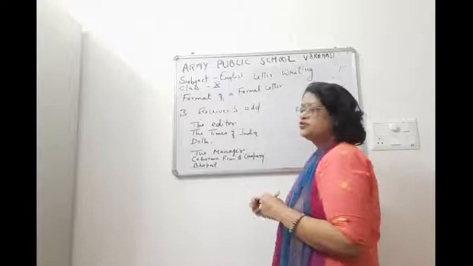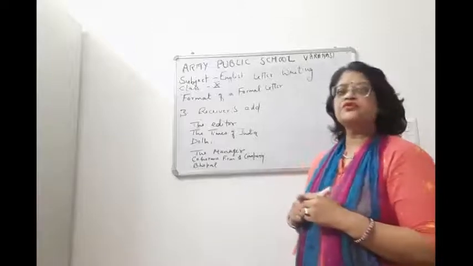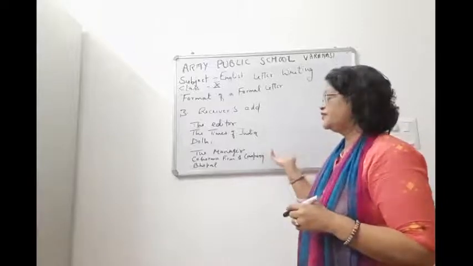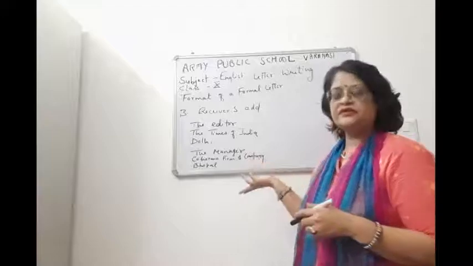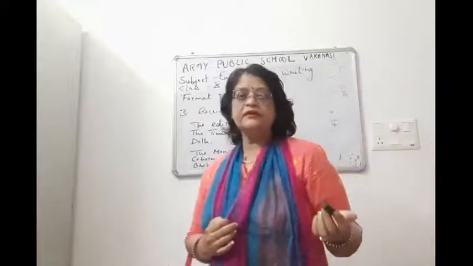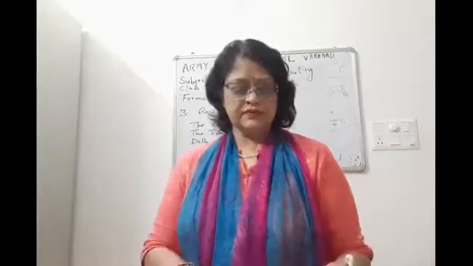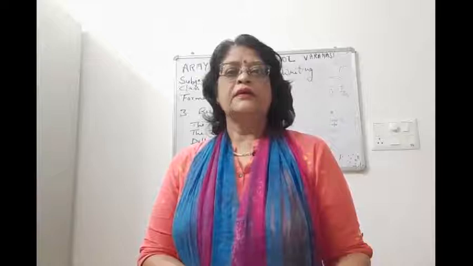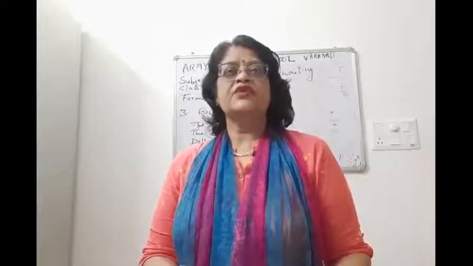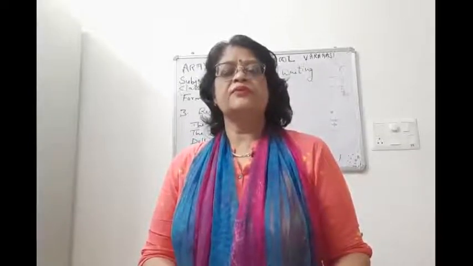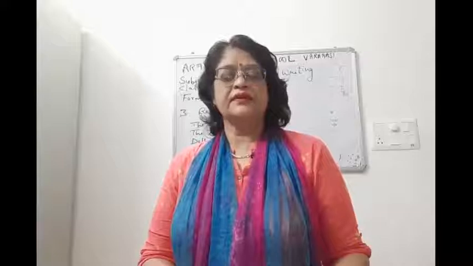Okay, so you have to see children, according to the letter, you have to select the receiver address. Sometime director, okay, if it is official address, so you have to write children with that. If it is a director, so you have to write the director, name of the office and all that thing.